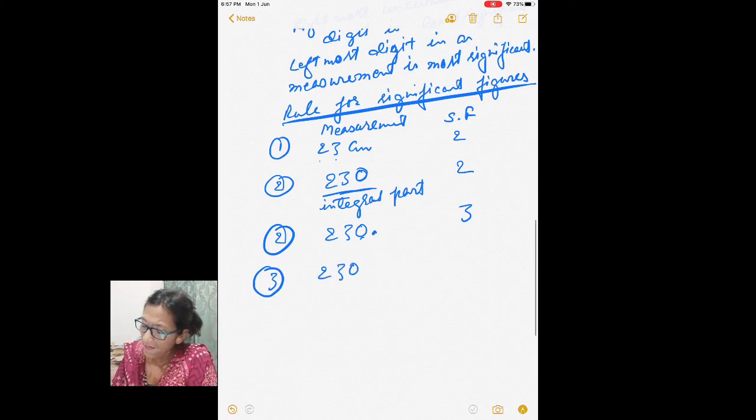Now if you take some 0 just after the decimal, then it is also a significant figure. Here you have significant figures 1, 2, 3, 4.